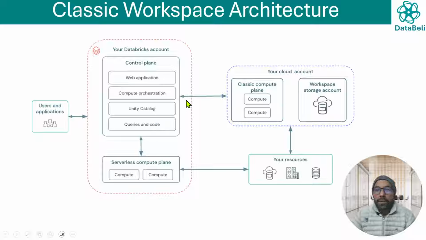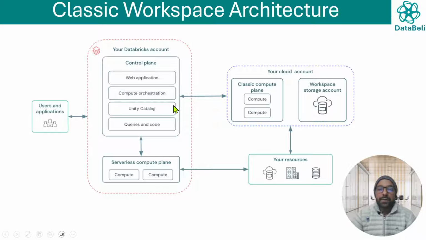And whatever data we are storing, for that we normally use a separate cloud provider like Azure, AWS or GCP. So the workspace storage account is part of our cloud environment, like the Azure environment or whatever we are using. And the compute plane depends on whether it will be part of the cloud or Databricks itself.